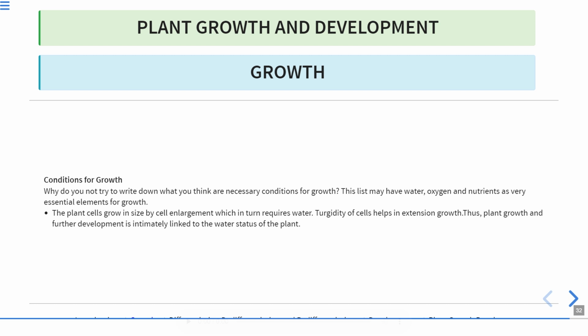First of all, water is a very important factor for growth. Oxygen is also very important, and the other nutrients. Basically, the nutrients that plants require come from the air, water, and soil. So all these elements are required for growth.